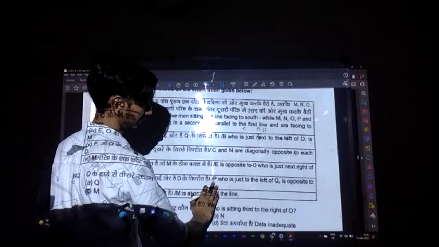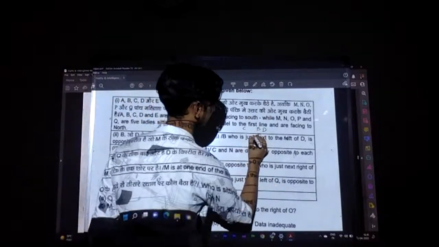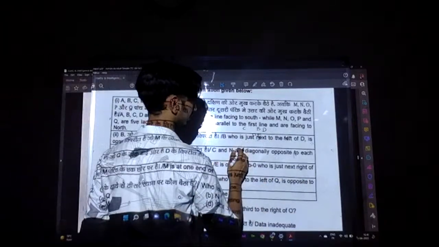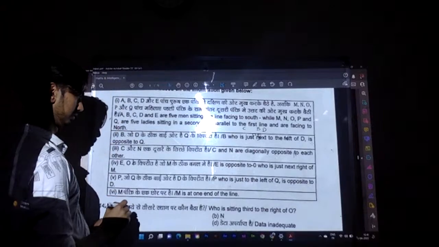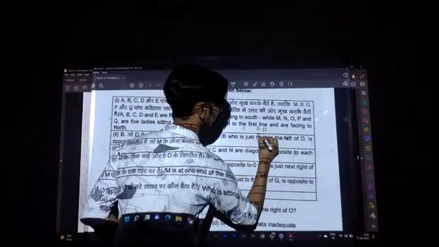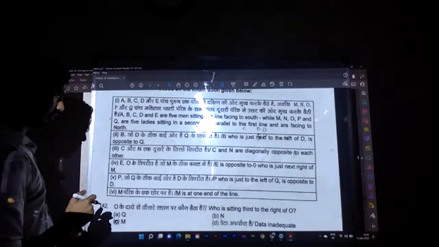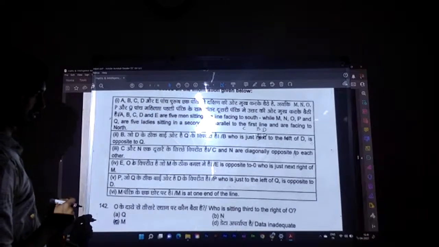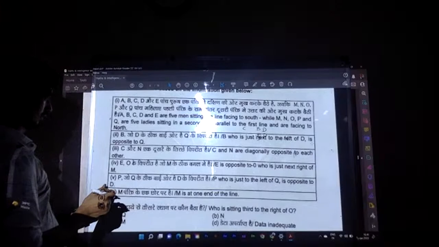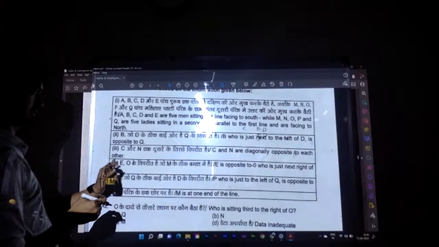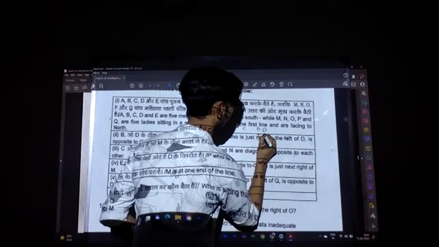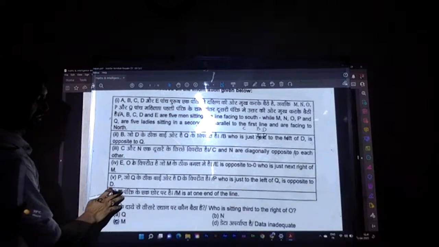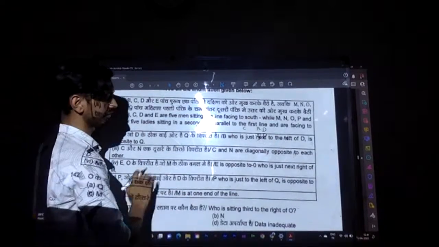The next statement says that P is just left to Q, and P is opposite to the letter D. Now when you go to the last statement, it is given that M is at one end of the line.